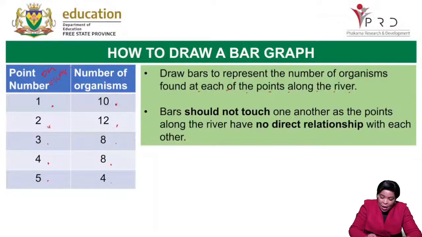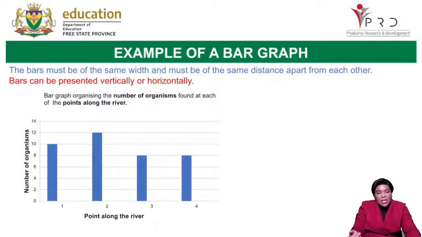You see? Now, the bars should not touch one another, as the points along the river have no direct relationship with each other. So this is how you are going to draw your bar graph. Point number 1, there were 10 organisms. So on your x-axis is the point, which was on the first column.